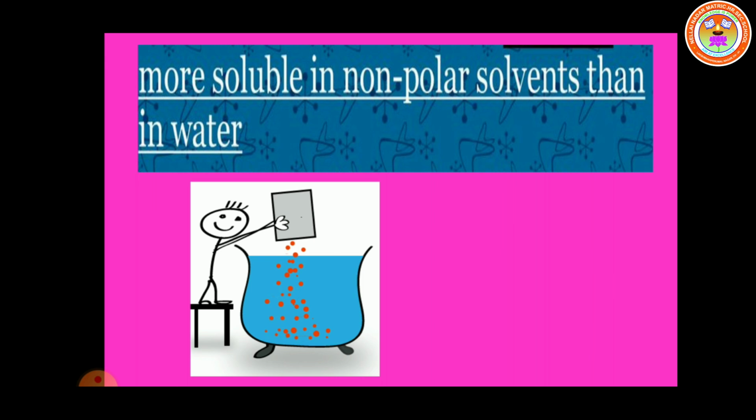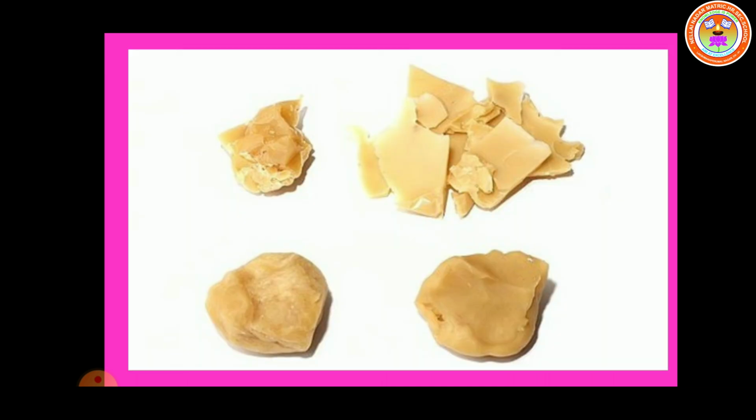So covalent compounds are readily soluble in non-polar solvents but insoluble in polar solvents. We know ionic compounds are crystalline in nature, but covalent compounds are soft and waxy in nature.